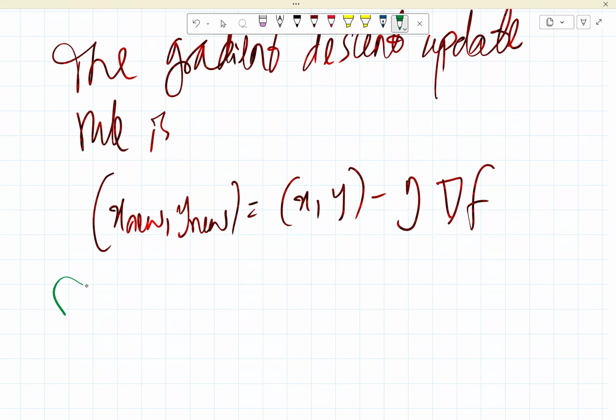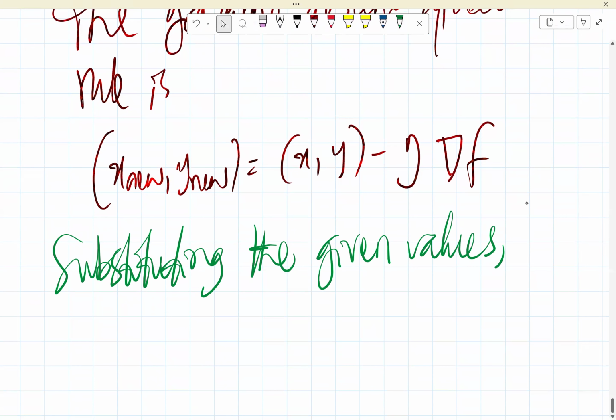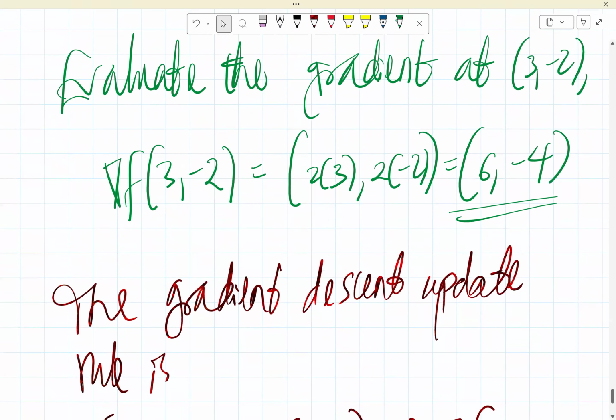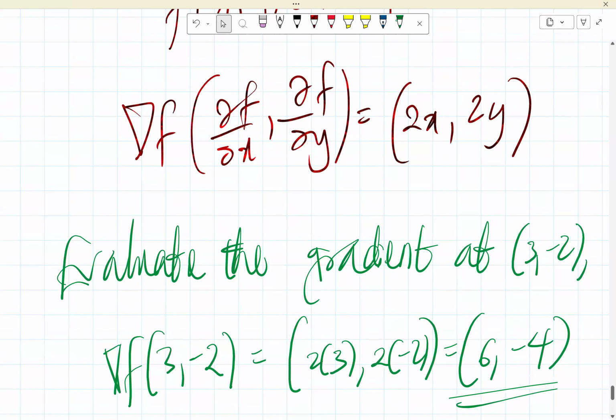So substituting the given values, we have x new and y new. The new x and the new y are, no, they are 3 and minus 2.